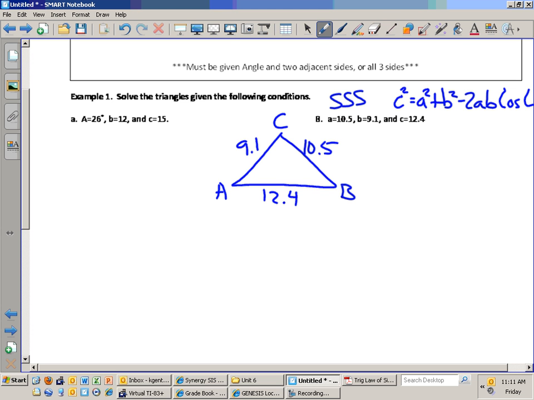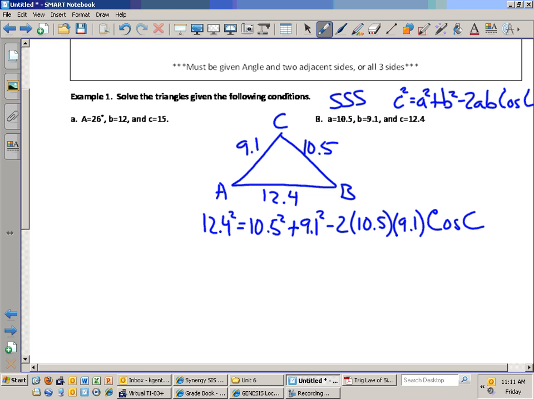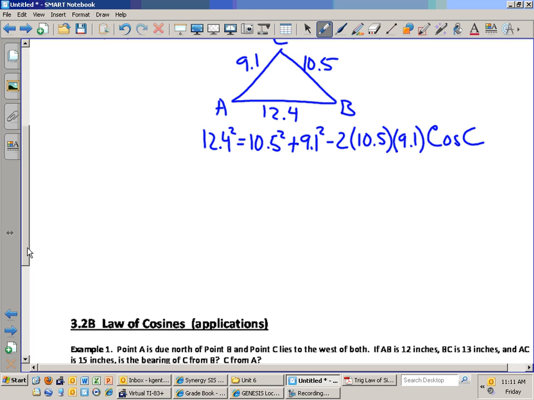So I have C squared, or 12.4 squared, equals A squared, which is 10.5 squared, plus B squared, which is 9.1 squared, minus 2 times 10.5 times 9.1 times the cosine of C. So I'm trying to find the cosine of C. Now, I want to show you guys what I'm doing because I don't want to write this all out.